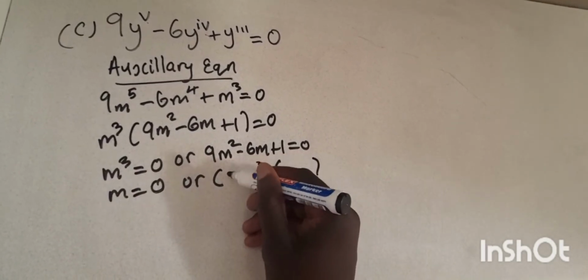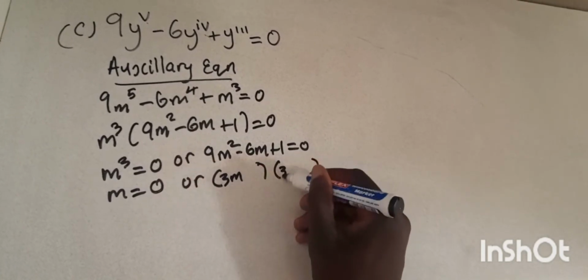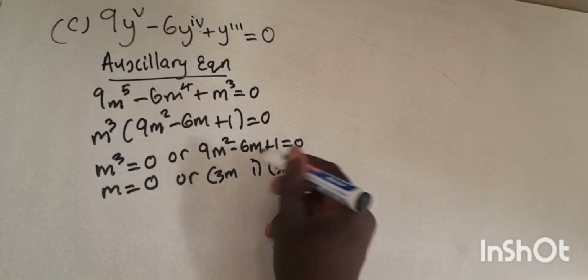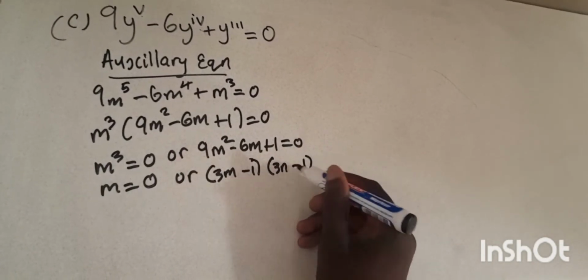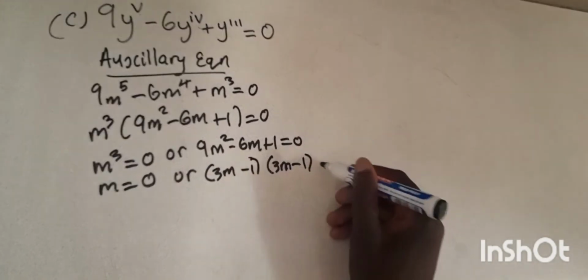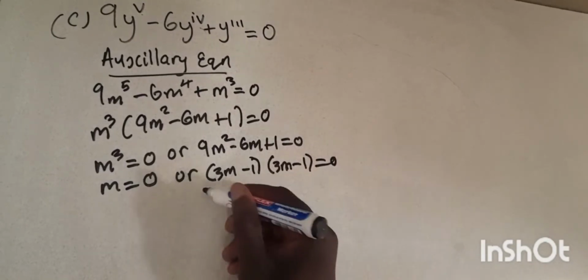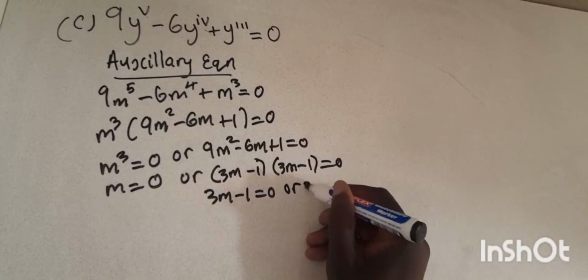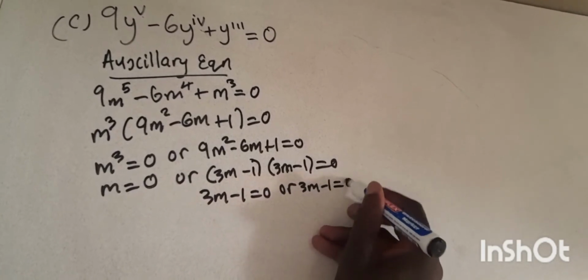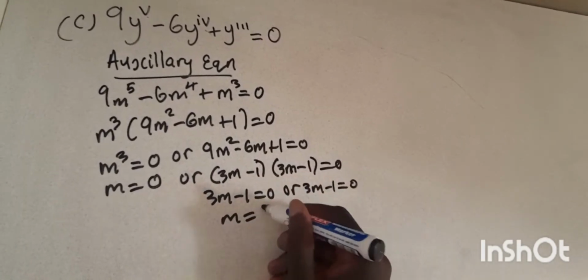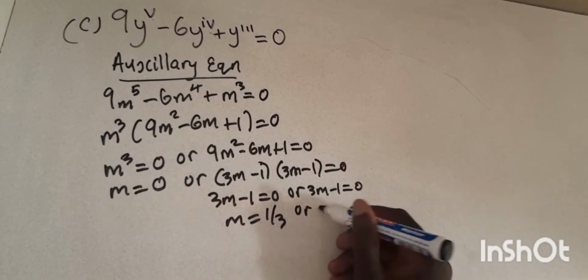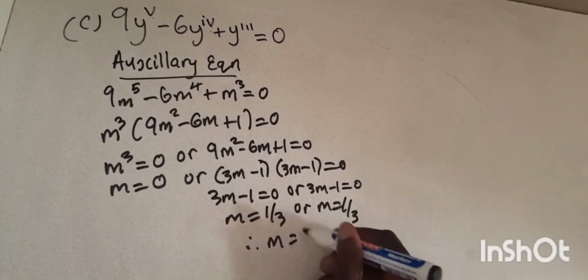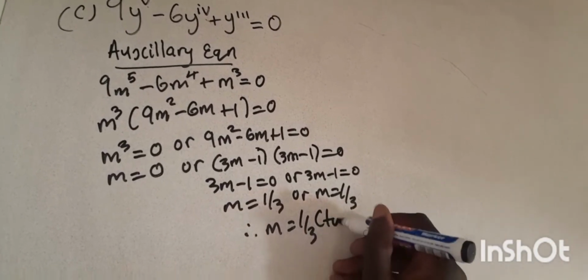The factors of 9m squared are 3m and 3m. The factors of 1 are 1 and 1. Because it's plus here, it will be minus and minus. So this equals 0. You can see that 3m minus 1 equals 0, or 3m minus 1 equals 0. m will be 1 over 3, or m will be 1 over 3. Therefore, m equals 1 over 3. You can see that it is twice.